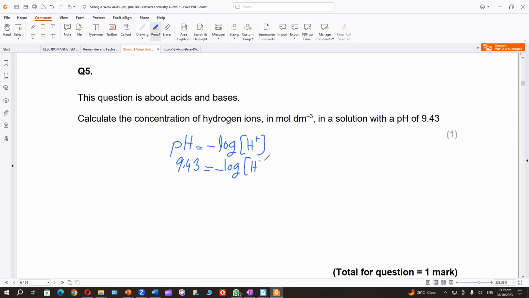You'll get your answer. But you have to show steps in the paper, right? Yeah. So please share this working and get the answer. The answer that I got is 3.7 times 10 to the power of negative 10.